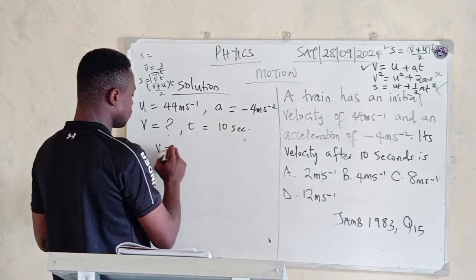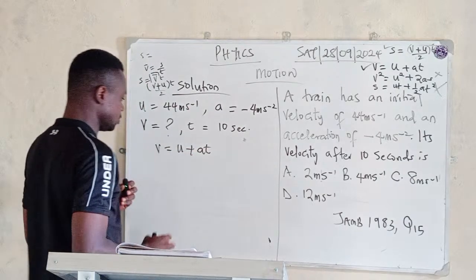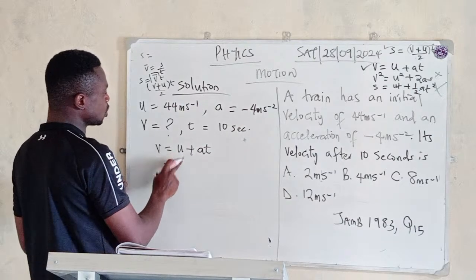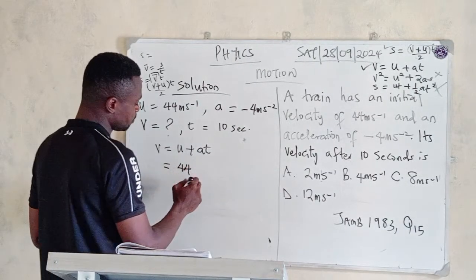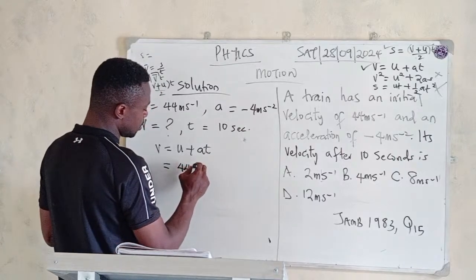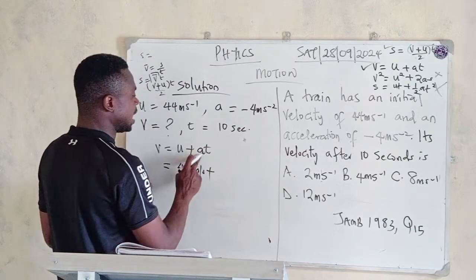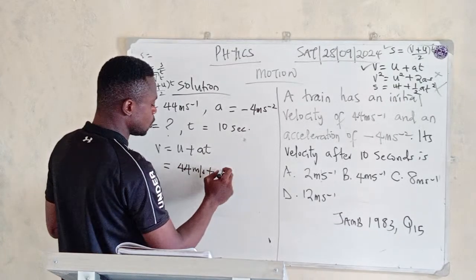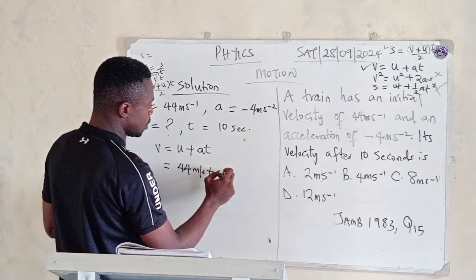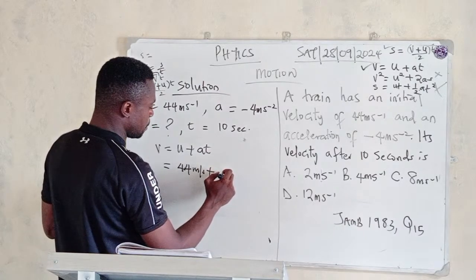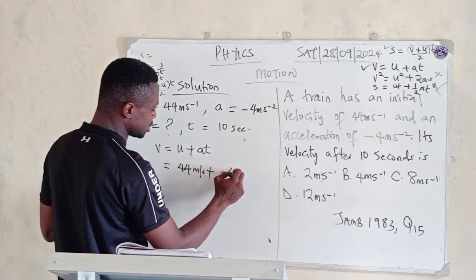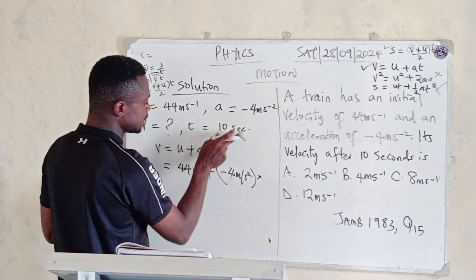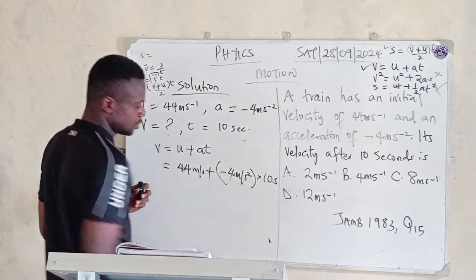So v is equal to u plus at. Let's substitute the values. v is equal to initial velocity, 44 meter per second, plus acceleration, minus 4 meter per second squared, times time, which is 10 seconds.